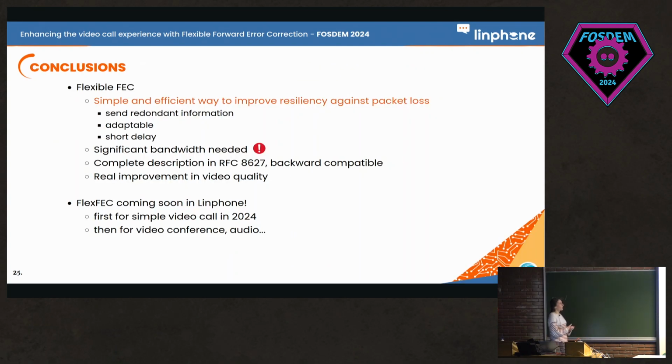So we can make some conclusions about flexible FEC. It is a simple and resilient way to improve the resiliency to the packet loss in video transmission. It is based on the fact that you send redundant information on a dedicated stream.